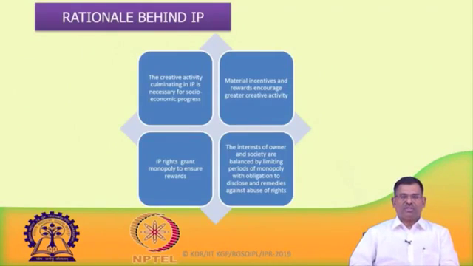The rationale is very simple, which we talked about: one is the incentive theory, an incentive for creativity, and the other is that it is a limited monopoly right granted to people who innovate. This is an incentive for further innovation to the society. There are criticisms also of the protection of intellectual property.